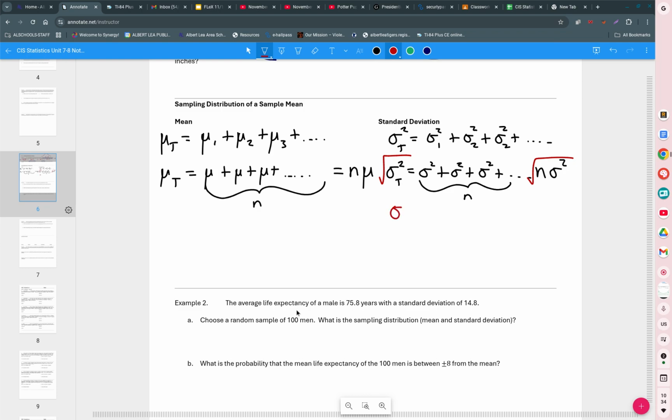I have the standard deviation is going to be equal to, and here I'm going to separate this into two parts. The square root of n times the square root of the standard deviation squared, using some algebra there. I can't simplify the root of n, but what is the square root of sigma squared? Just sigma.